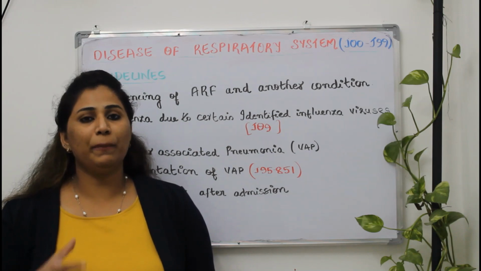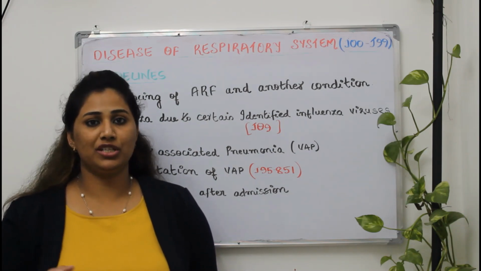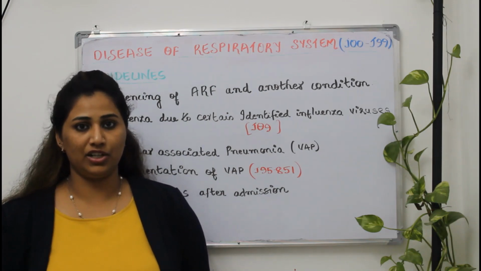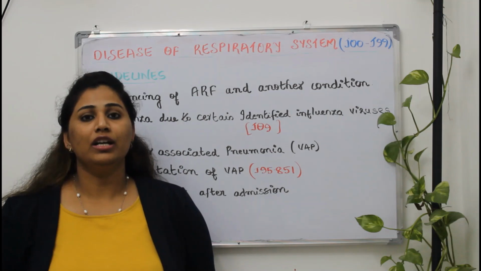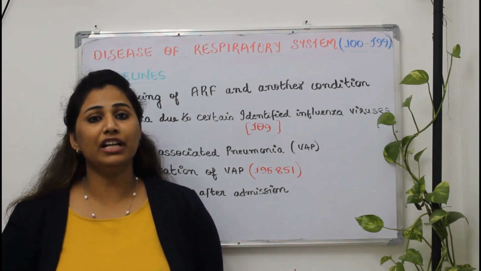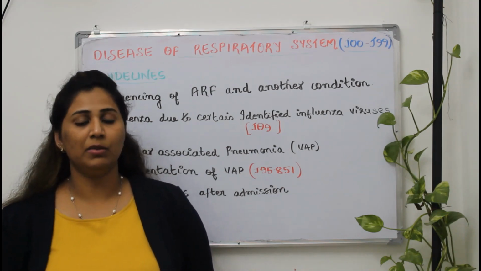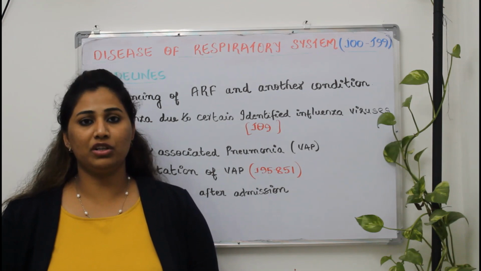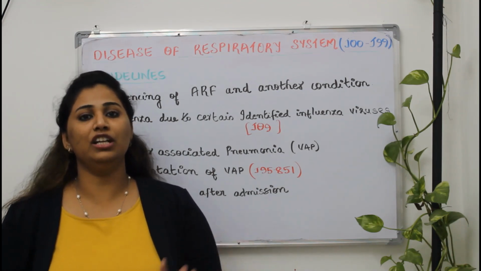So the encounter is for both conditions, respiratory failure as well as another condition. In this case, how will we prioritize the code? We will first check whether this acute condition is related to the respiratory system or not. If it is related to the respiratory system, we can code that acute condition first, then the failure.